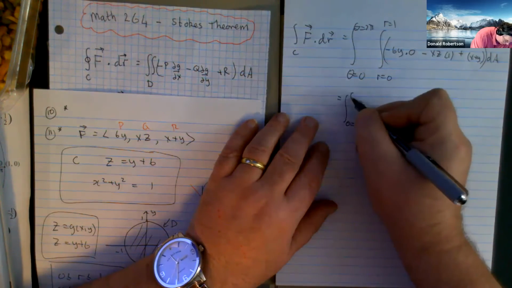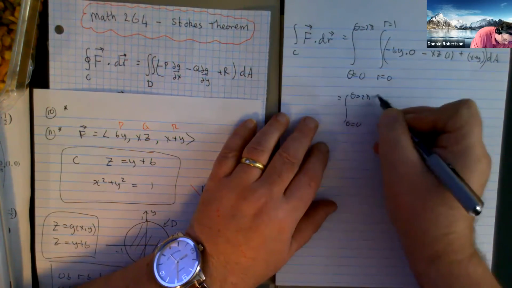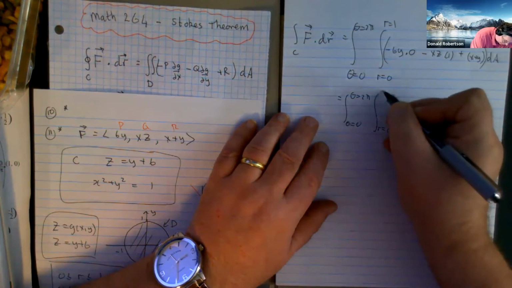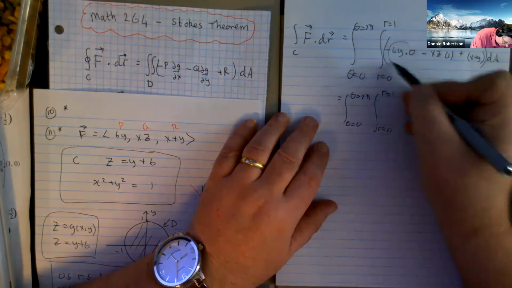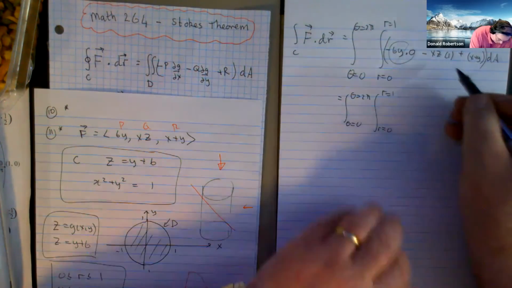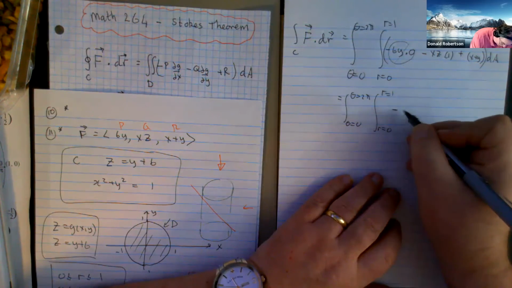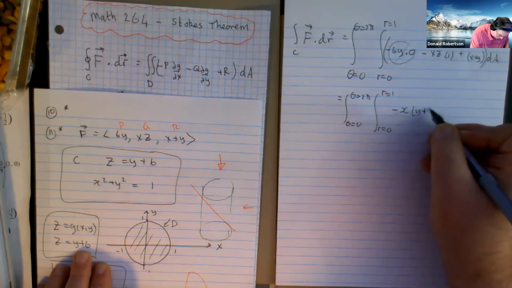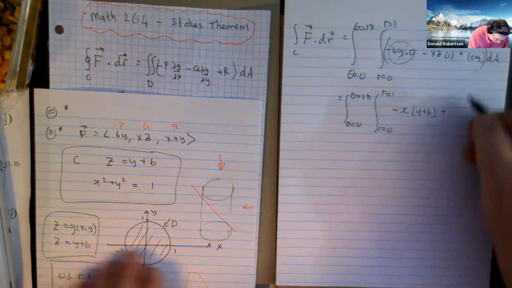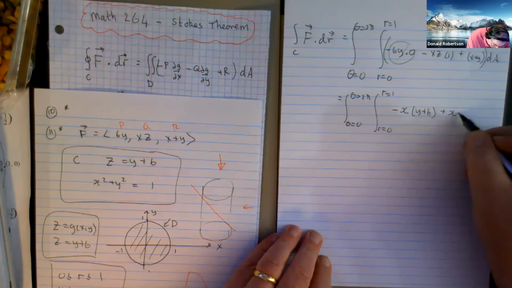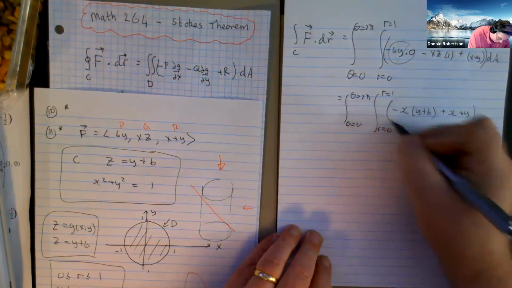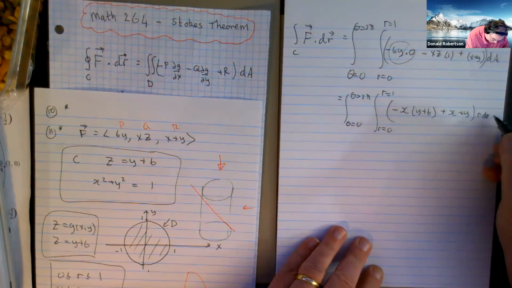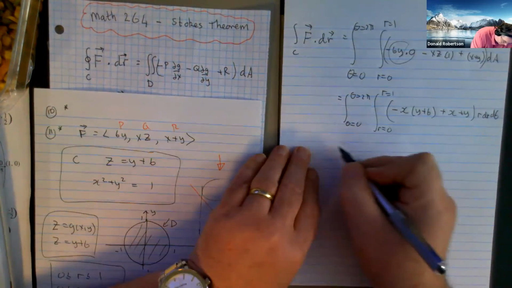We got a 0, we got a 2 pi, we have r equals 0 to r equals 1. That's nothing. That's take away xz, plus x add y, and now I'll do the r dr d theta.